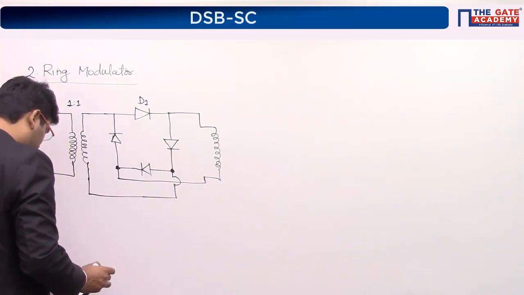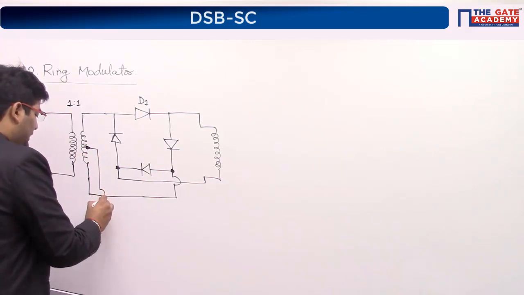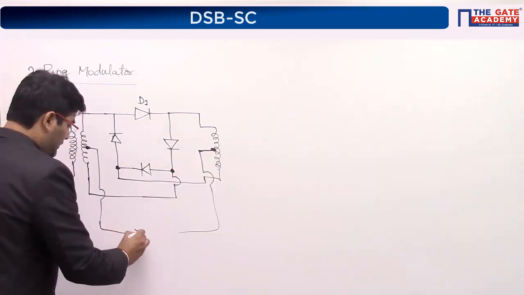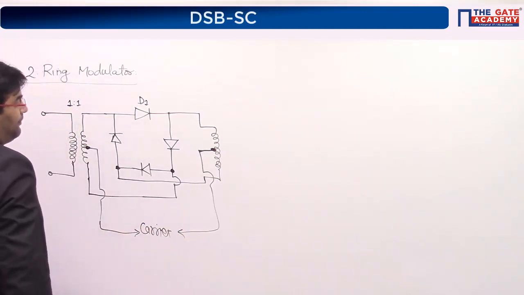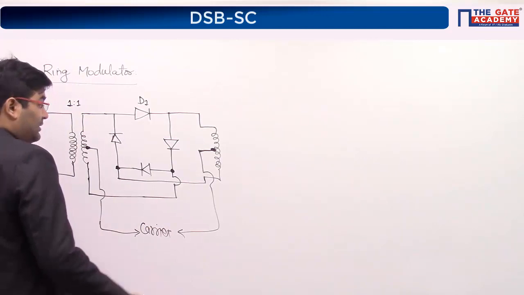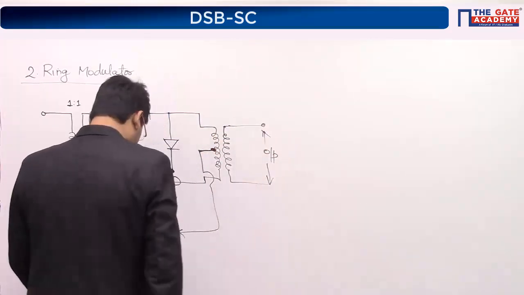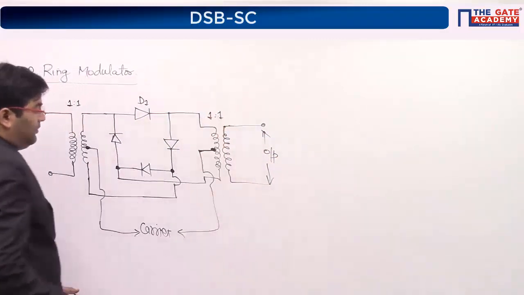Here you have given the carrier signal, guys, as well as here. So this is given as the carrier. And this is your output. Here also the turns ratio is 1:1.